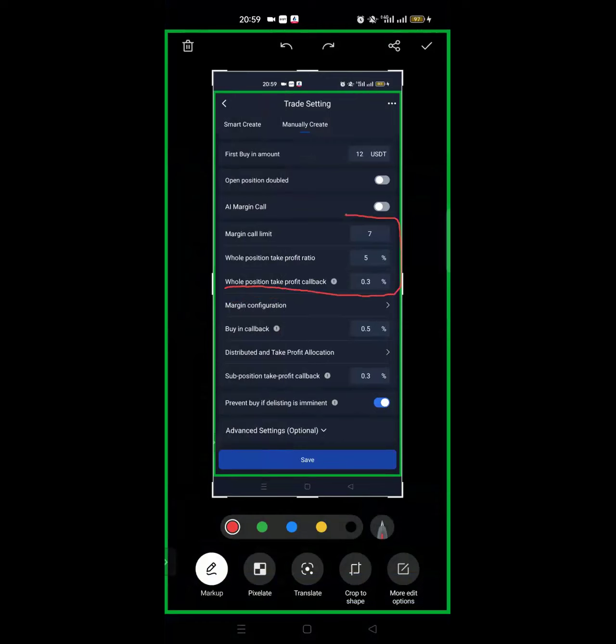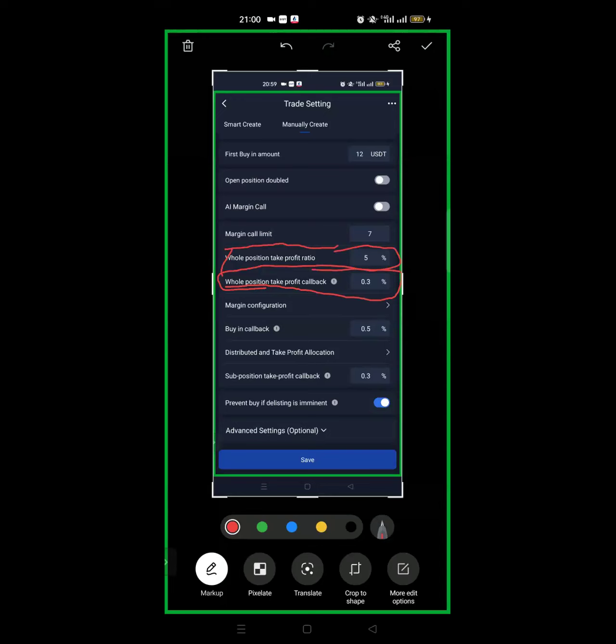So you see this one controls your final sell. This one too controls your final sell. I already said your whole position take profit ratio controls your final sell. Also, your whole position take profit callback. It's the same thing, it controls your final sell when the robot wants to take the final profit.